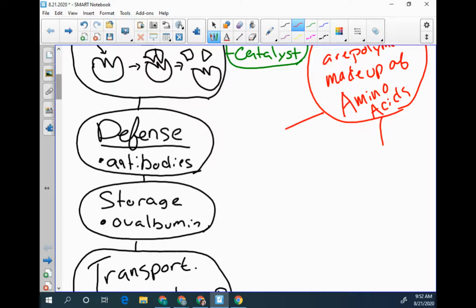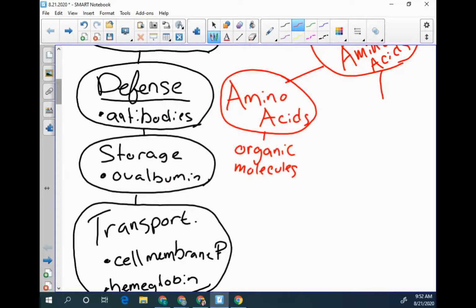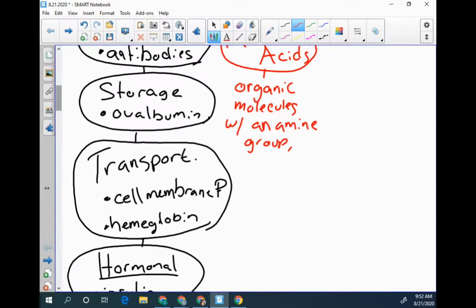So looking specifically at amino acids, they are essentially organic molecules with an amine group, a carboxyl group, and an R group.